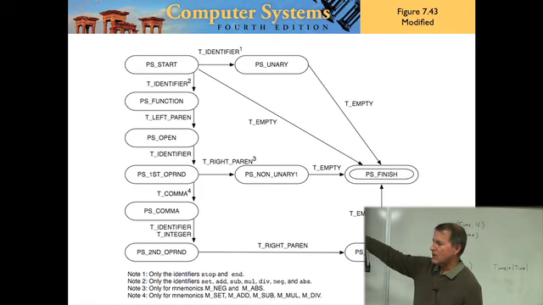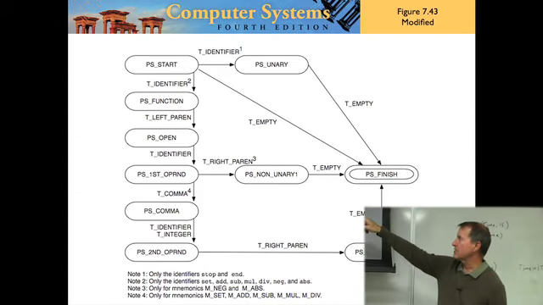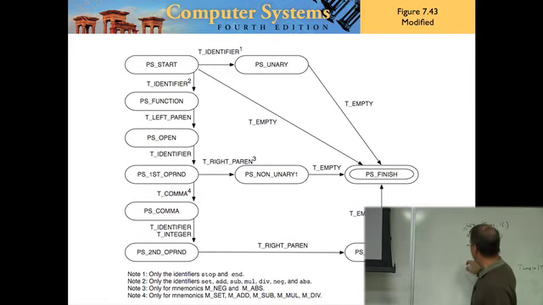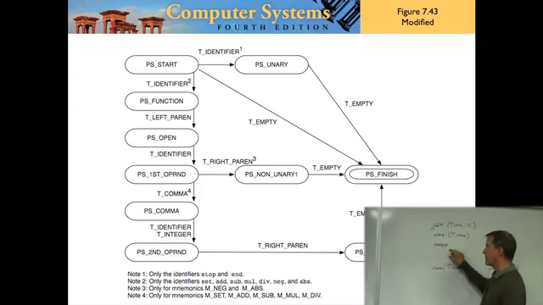So when we start at PS start, there's one on T identifier at the top that goes to the right, one on T identifier that goes down, and then there's a T empty that goes to PS finish. The T empty one would be what happens if you're starting at a blank, empty line.